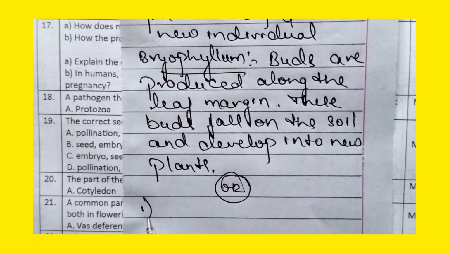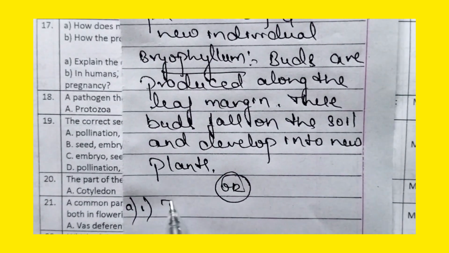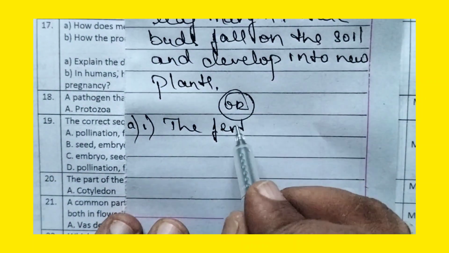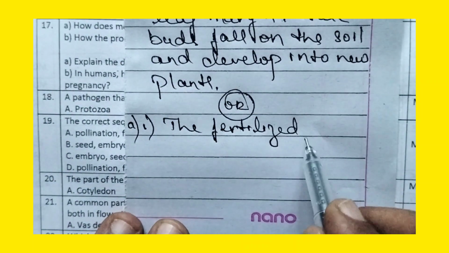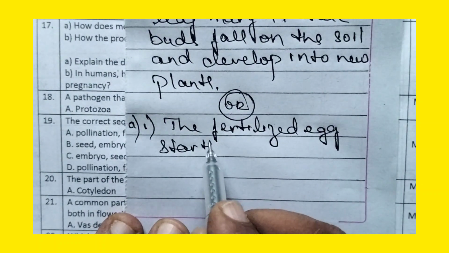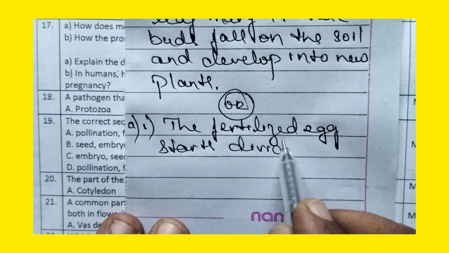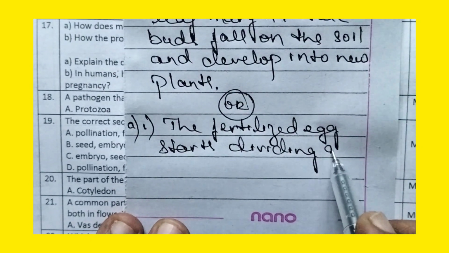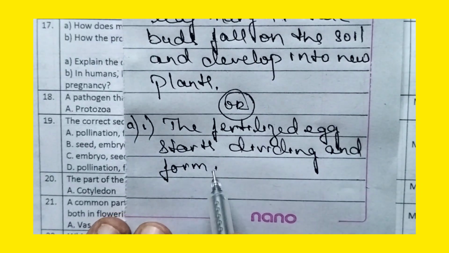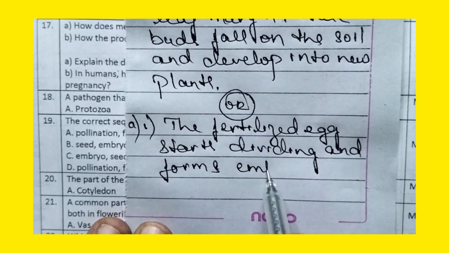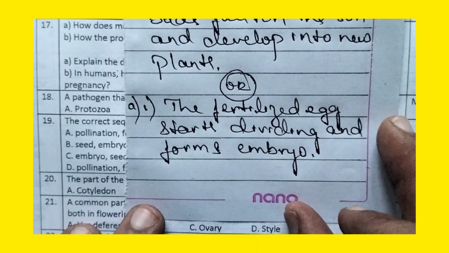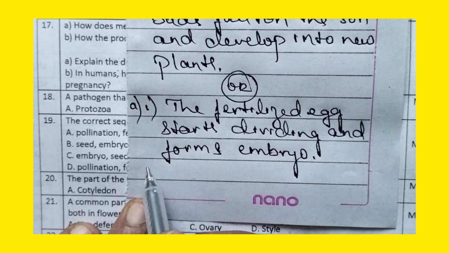The first point is the fertilized egg, that is zygote, starts dividing and forms an embryo.